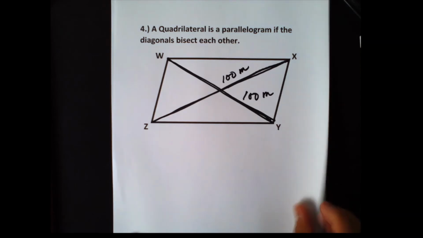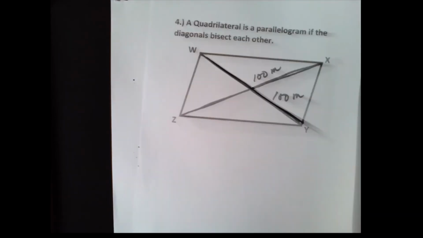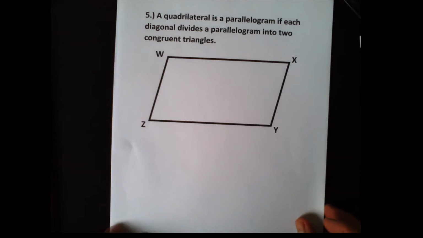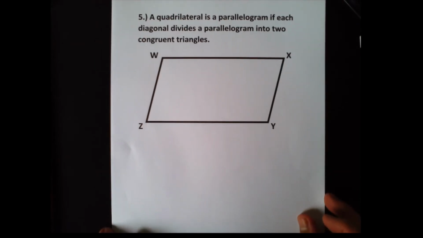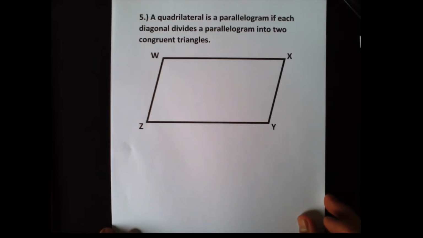Okay, let's have the last one. We have condition number 5. A quadrilateral is a parallelogram if a diagonal divides it into two congruent triangles.